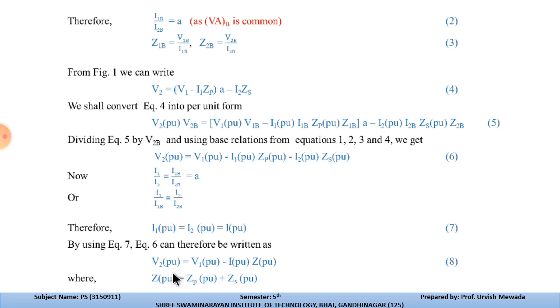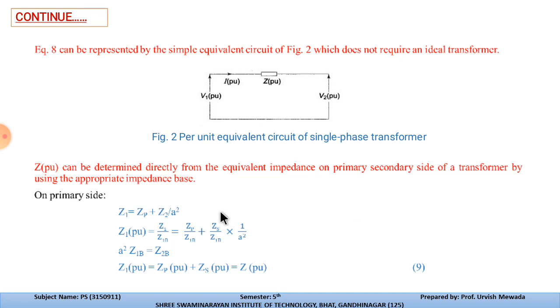So by using equation number 7, equation number 6 can be written as V2 per unit is V1 per unit minus the total current I per unit of this network into Z per unit, meaning the impedance of the transformer. Now ZPU is the combination of ZP per unit plus ZS per unit. So equation 8 can be expressed by a single diagram.